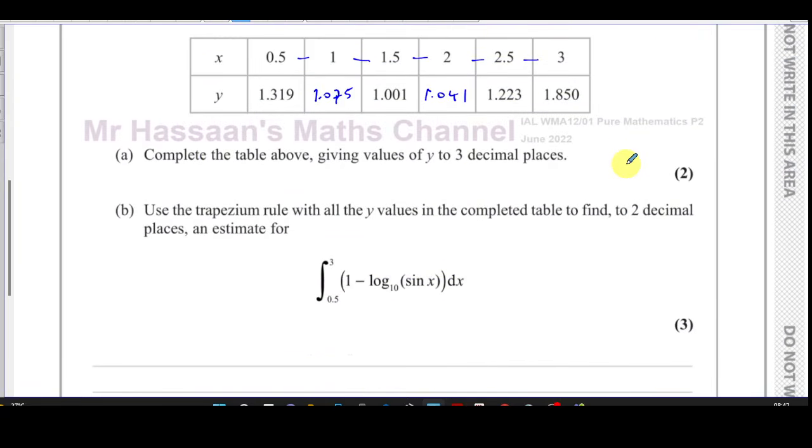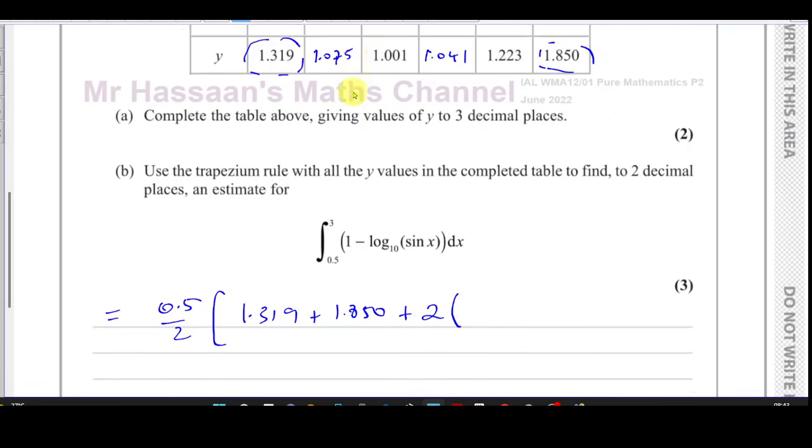So we have h, the distance between the parallel sides, which is 0.5, divided by 2 times the first and the last values added together, 1.319 plus 1.850, plus 2 times the sum of these: 1.075 plus 1.001 plus 1.041 plus 1.223.